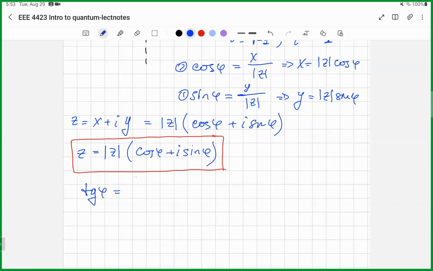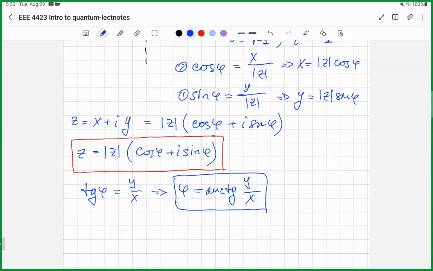I get y over x. Hence, phi is arctangent of y over x. So this is the formula for phi.